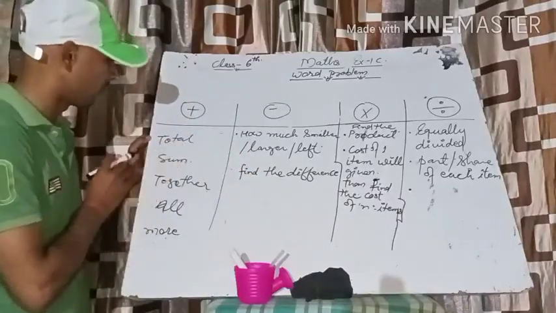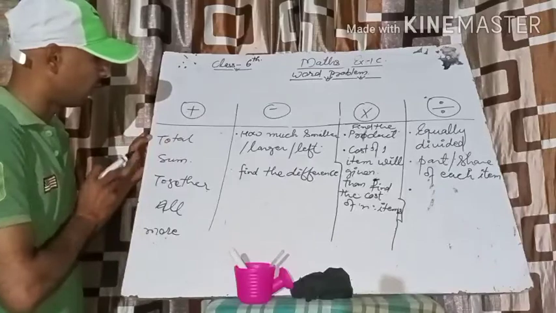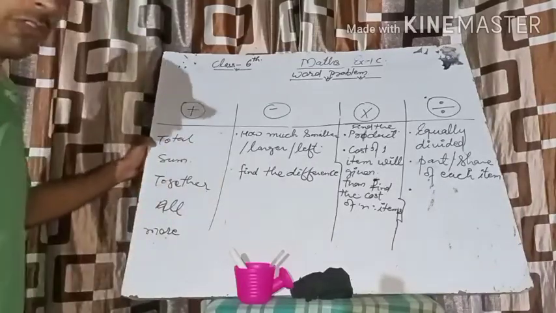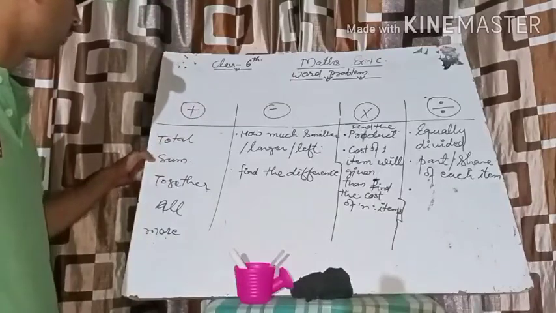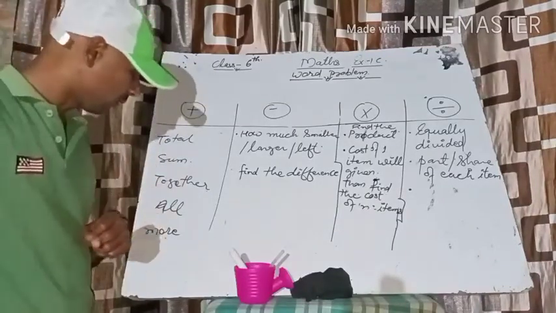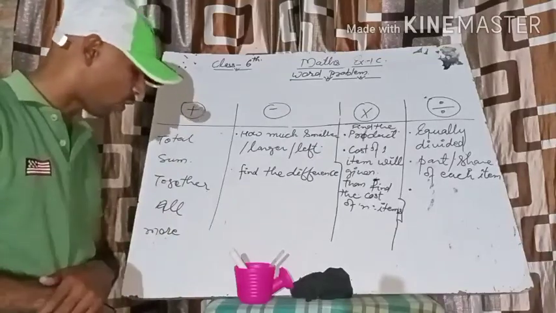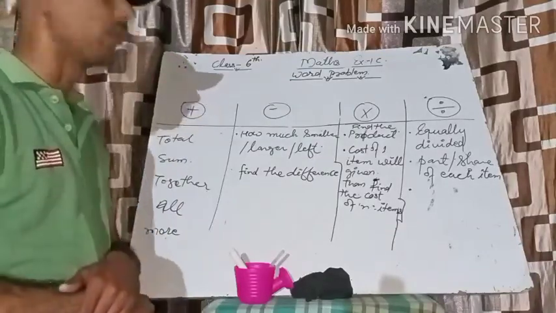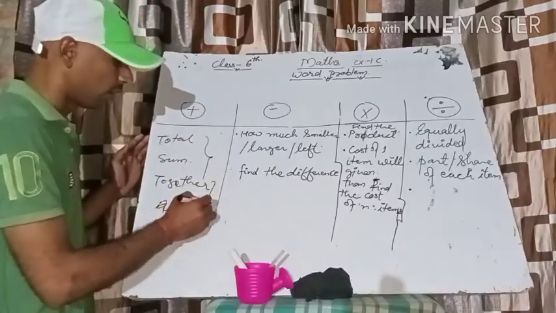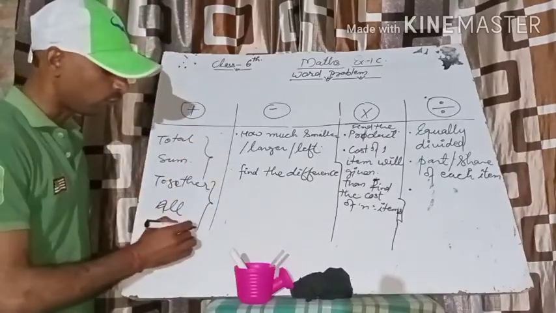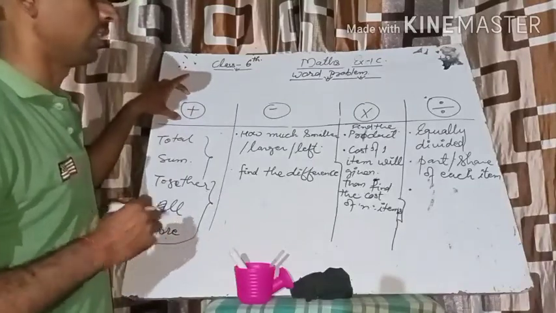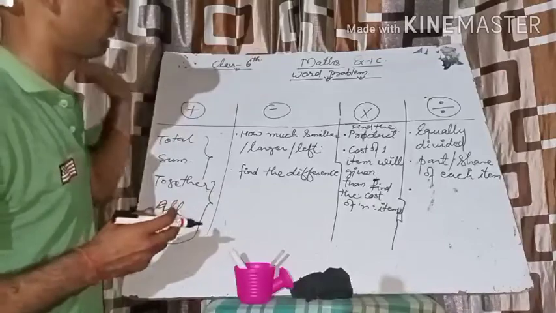Whenever you read a word problem, you will notice some common words. In addition problems, the words total, sum, together, all or more may be there. If you see these words in your word problem, then most of the time you have to add.